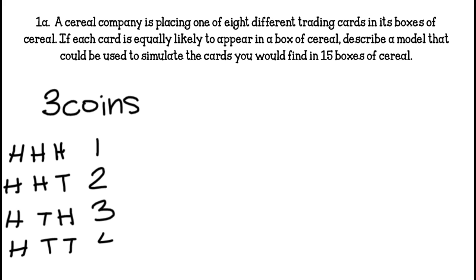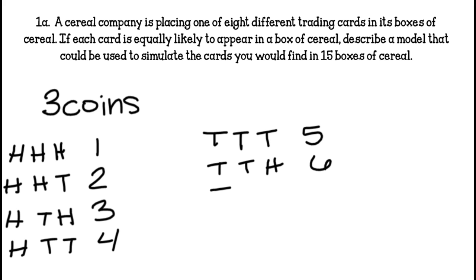That would represent trading card 4. You could get tails, heads, heads. That's trading card 5. Tails, heads, tails is trading card 6. Tails, tails, heads is trading card 7. And tails, tails, tails is trading card 8.